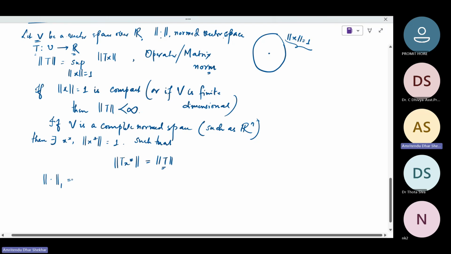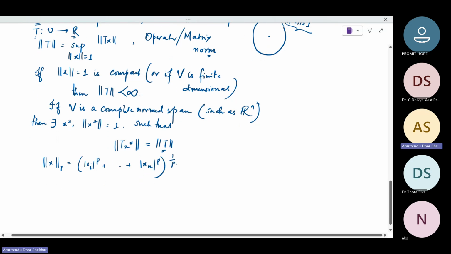So what is the one norm? The p norm of x is defined as (|x1|^p plus ... plus |xn|^p) whole to the power 1 by p.